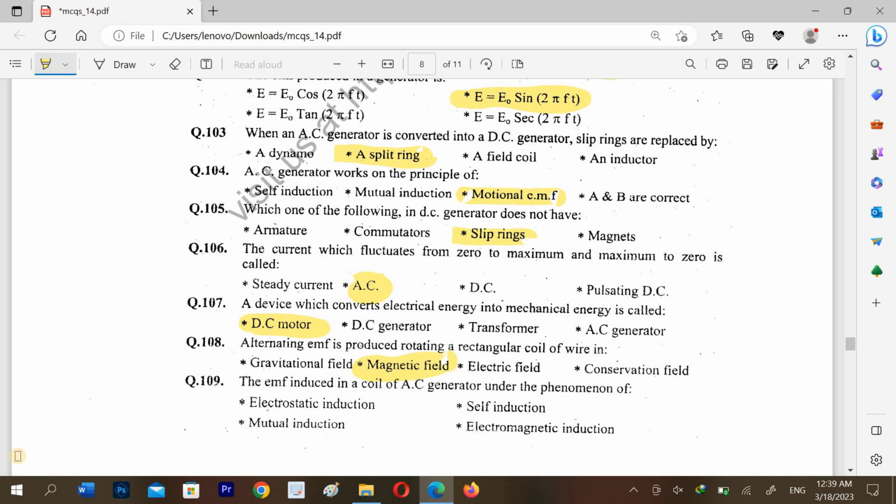The EMF induced in a coil of AC generator is under the phenomenon of electromagnetic induction.